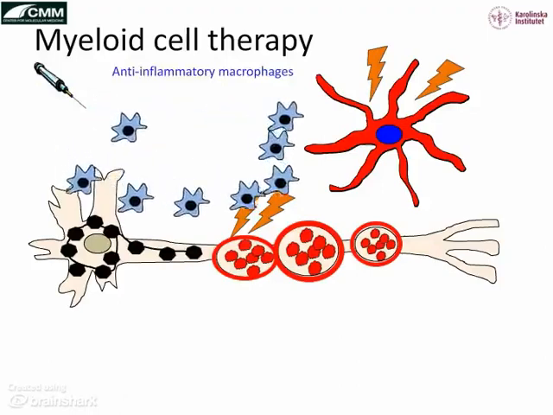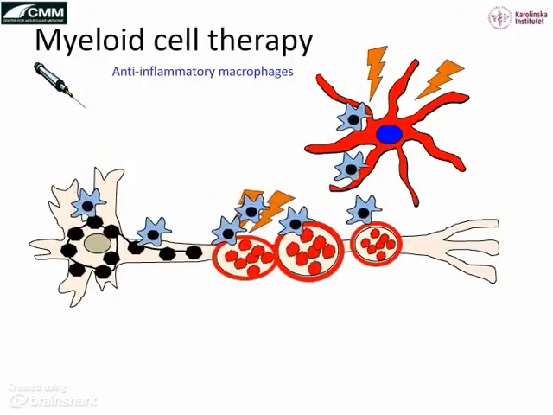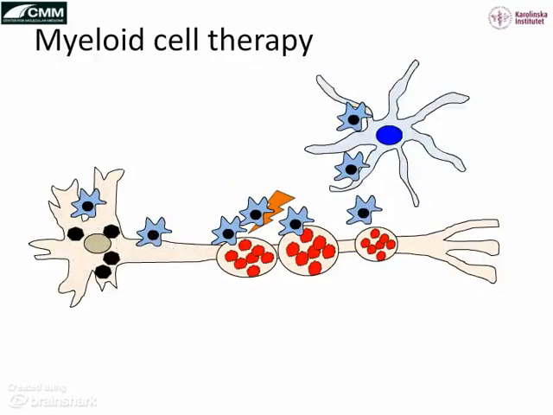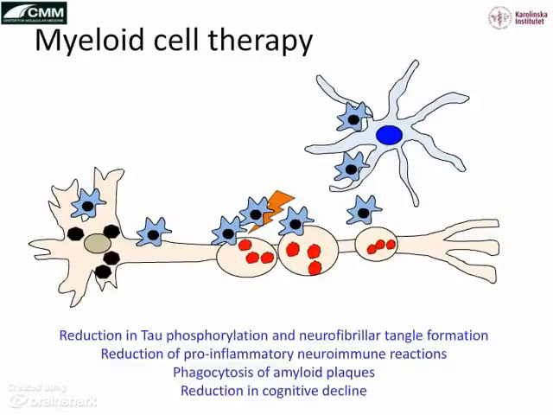In this picture you see a cartoon of how we believe our therapy might work, where we'll inject anti-inflammatory macrophages or microglial monocytes, and if they come to the target area, then these will ameliorate all the symptoms of the pathology, such as reduce the amyloid burden by phagocytosing the amyloid protein, prevent further tau phosphorylation and build-up of neurofibrillar tangles, and also deactivate the activated microglia.